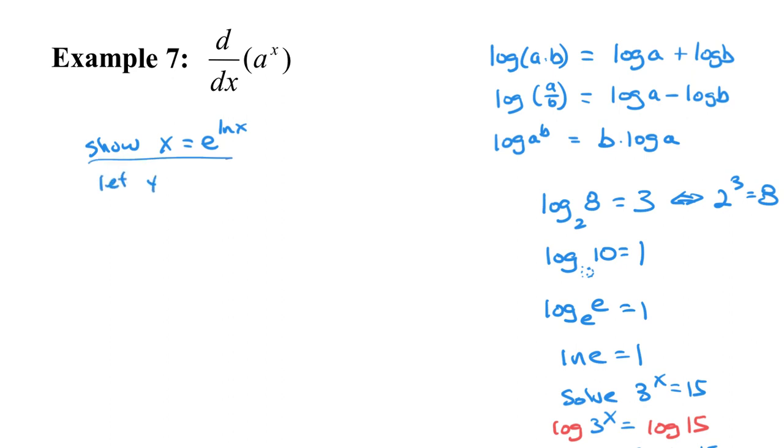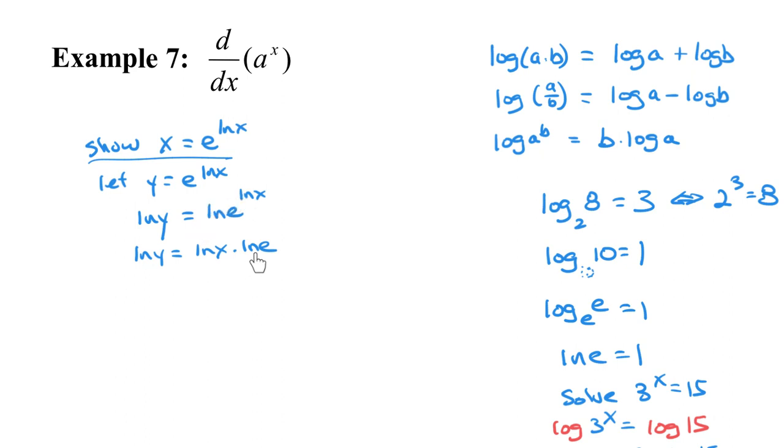Let y equal e to the natural log of x. We'll take the natural log of each side, so that the natural log of y equals the natural log of e to the natural log of x. Then we're going to use this log formula right here that says this exponent can come down, so we'll get the natural log of y equals natural log of x times the natural log of e. Right, we just brought this down.